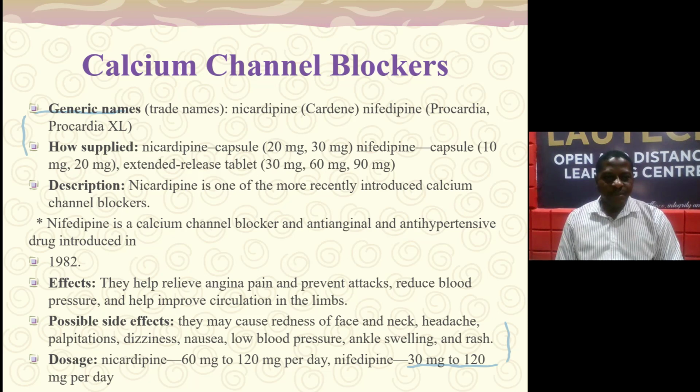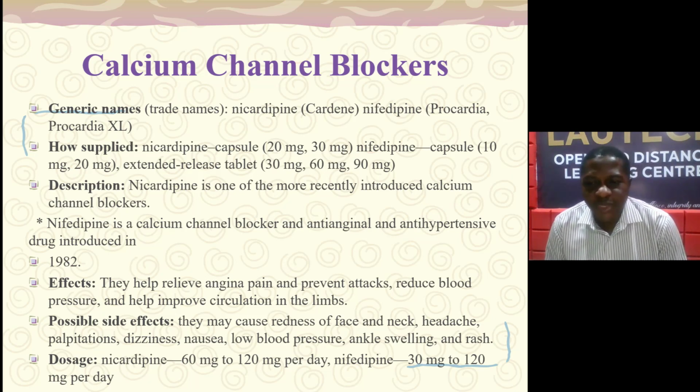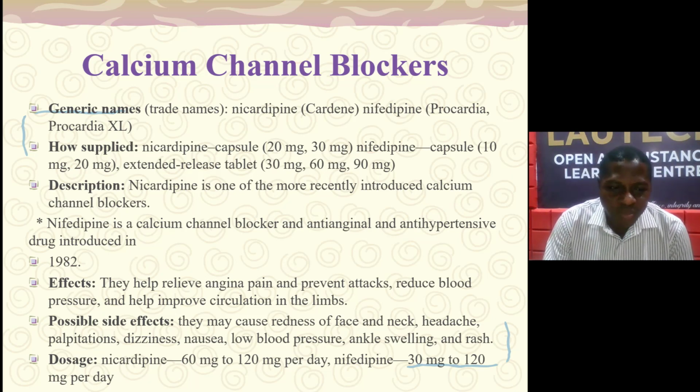The following are the possible side effects. They may cause redness of face and neck, headache, palpitations, dizziness, nausea, low blood pressure, ankle swelling, and rash. And the dosage form is 60 milligram to 120 milligram per day, nicardipine 30 milligram to 120 milligram.